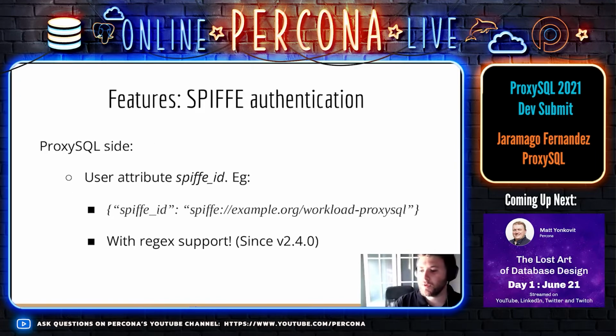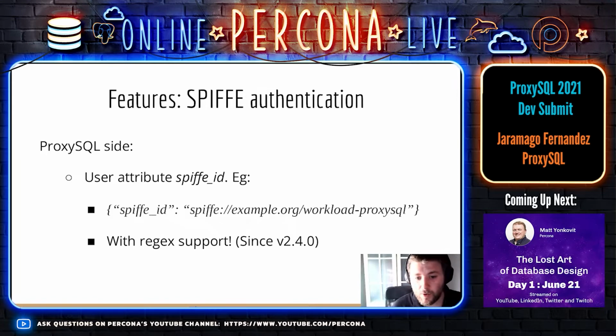So, on the ProxySQL side, what do we need to care about? The first thing we need to do is to configure SPIFFE. For using this feature, we need to configure the SPIFFE ID user attribute, for example, one like the one that we are seeing here. As a small note, since ProxySQL version 2.4.0, we have added regex support for these SPIFFE IDs.